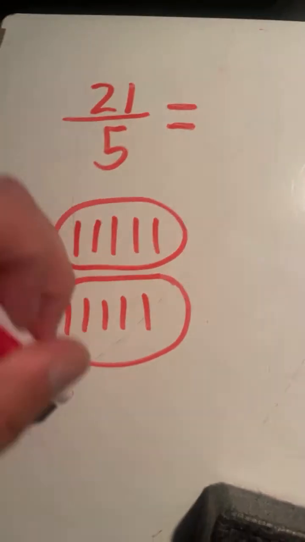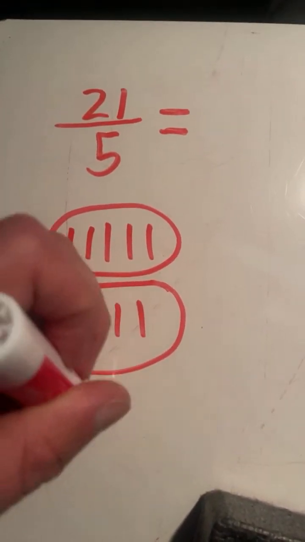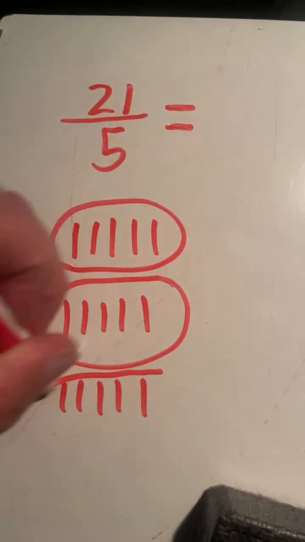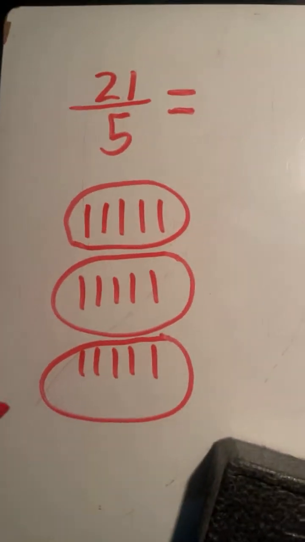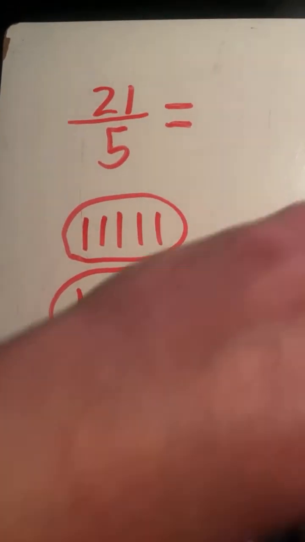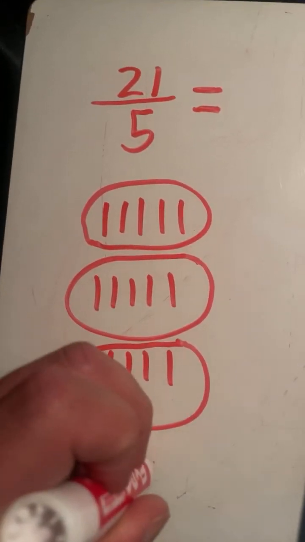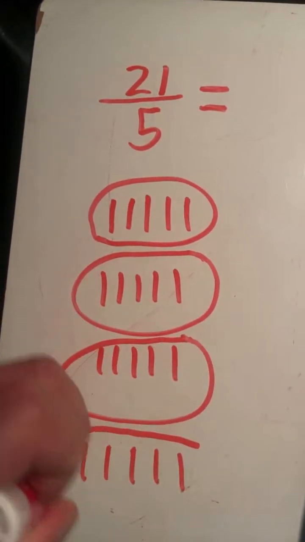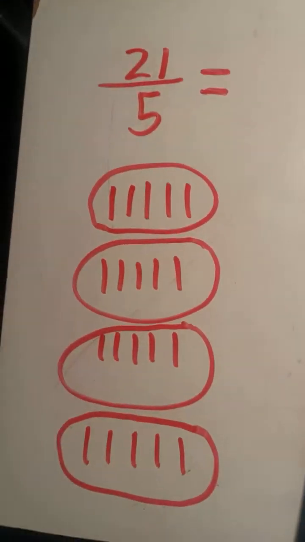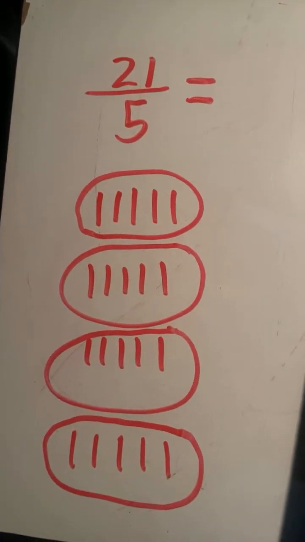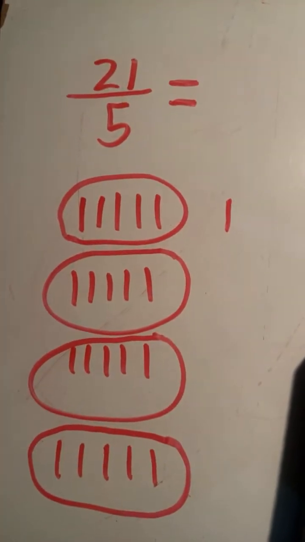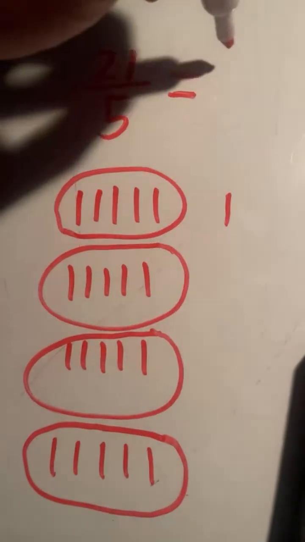Two groups of 5. 11, 12, 13, 14, 15. Three groups of 5. 16, 17, 18, 19, 20. Four groups of 5. 21. So I was able to get 4 full groups of 5. 4 is my whole number.